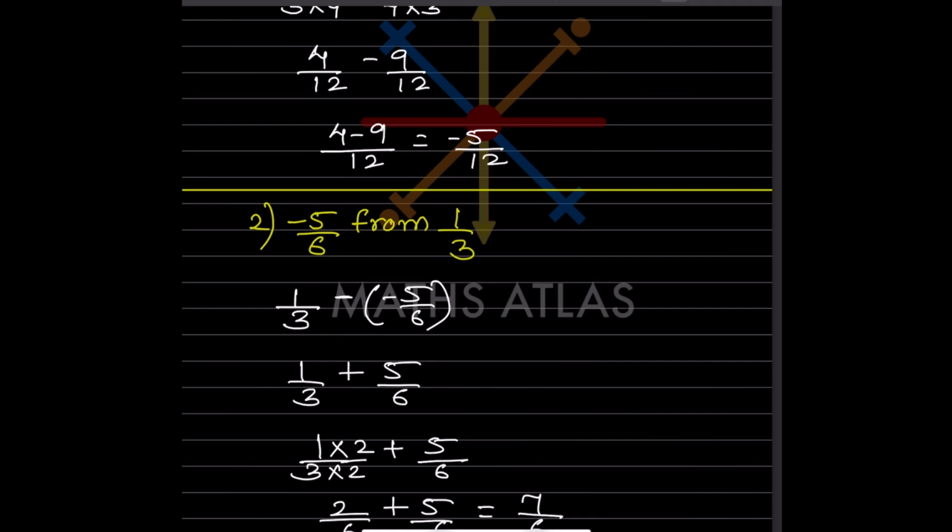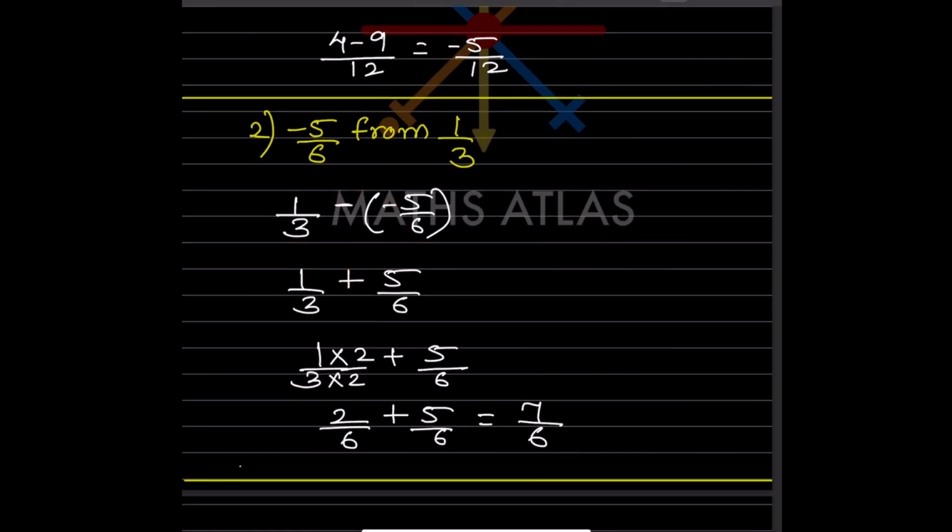Now again, minus 5 by 6 from 1 by 3. So 1 by 3 should be at the start. And now see here, we are going to subtract. They said subtract, so this is an addition and a subtraction, and this is the sign from this one, minus 5 by 6. So better put a bracket over here. Now minus becomes plus over here, since both are the same.